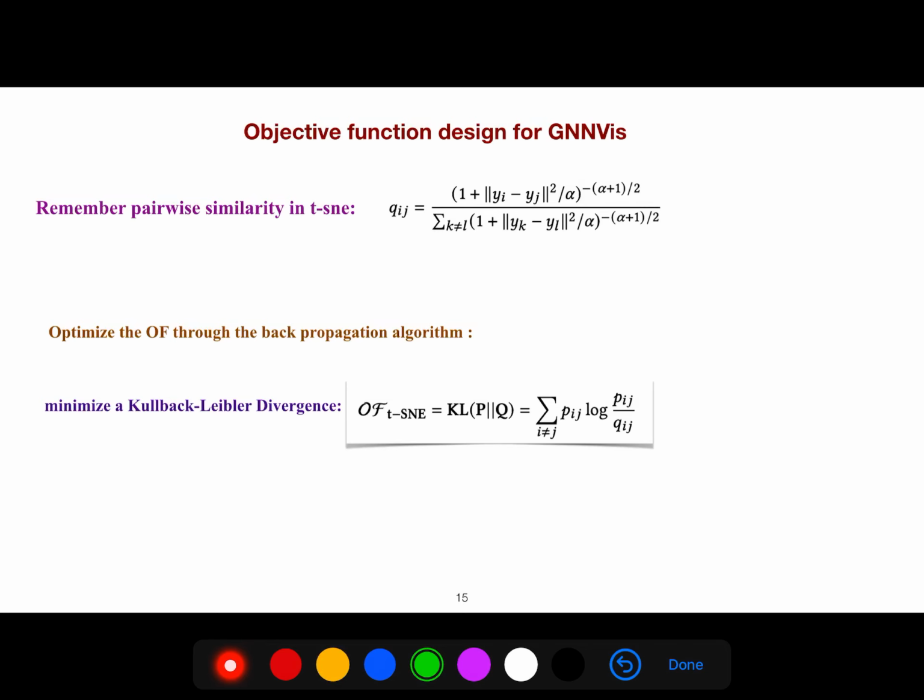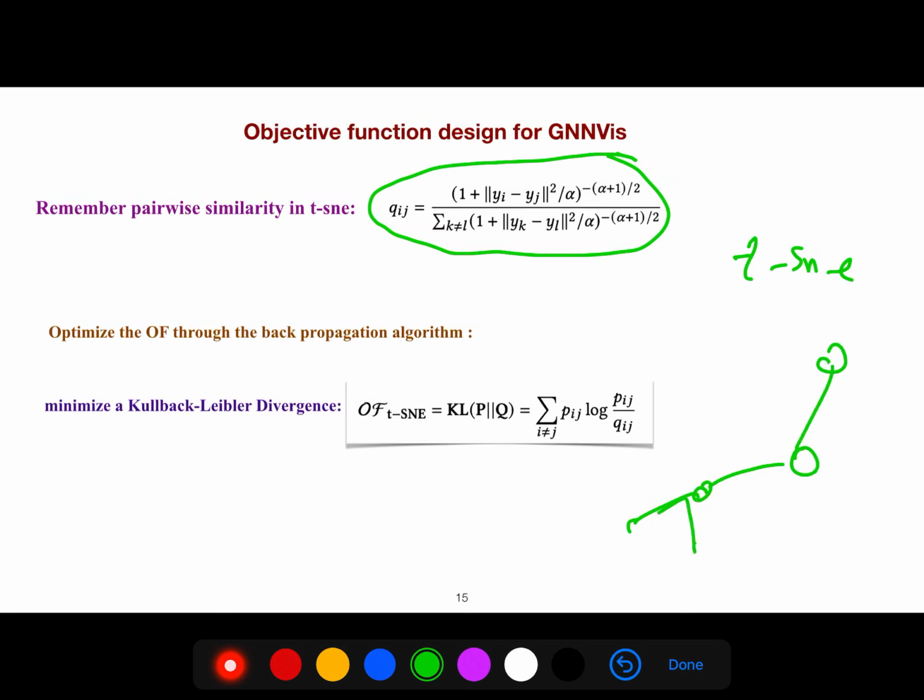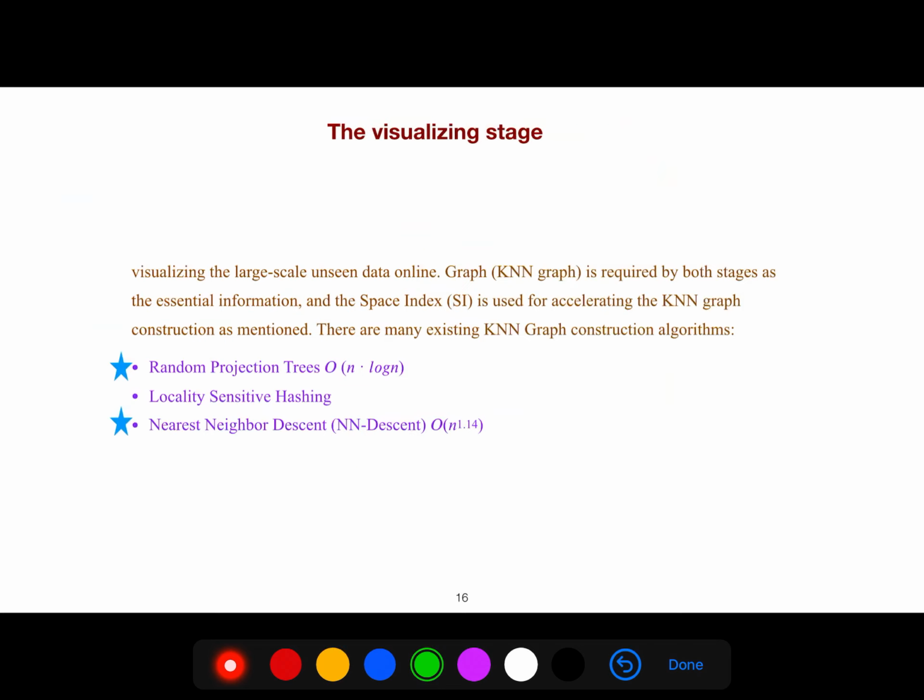And just like t-SNE that I explained in lecture 10, I think, of my playlist for machine learning ideas. As I explained, I showed you that this is the pairwise similarity in t-SNE. So you can do the same thing, but now things are on the graph. So it's a graph neural network. But in order to learn the parameters, you need the loss, and you just pick the KL divergence between the actual probability and the approximation.